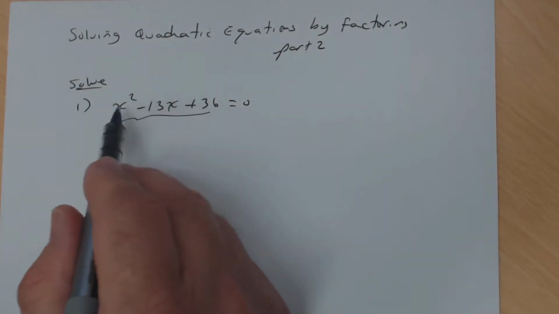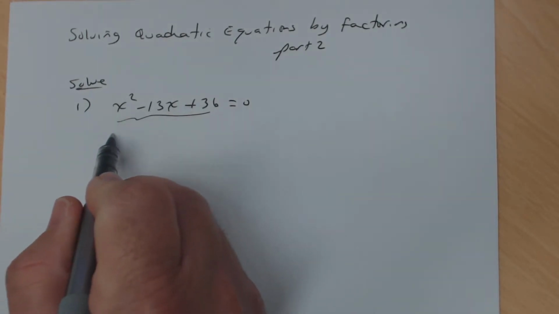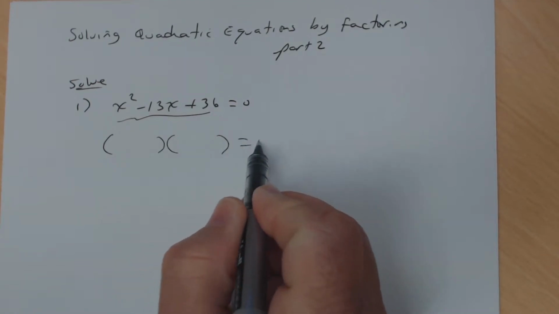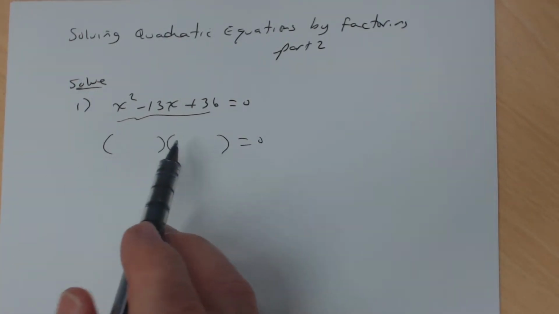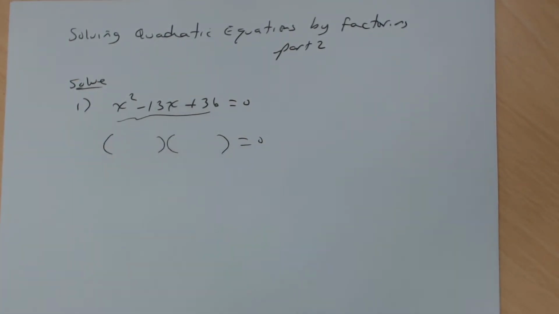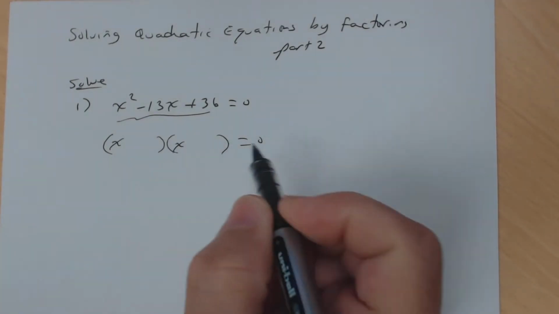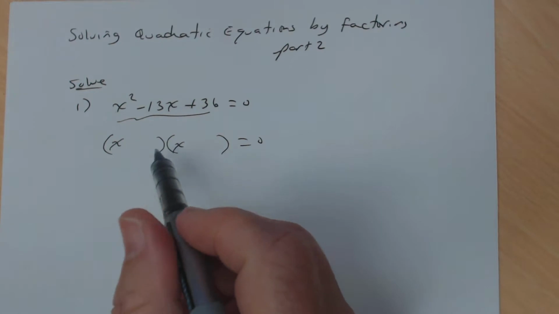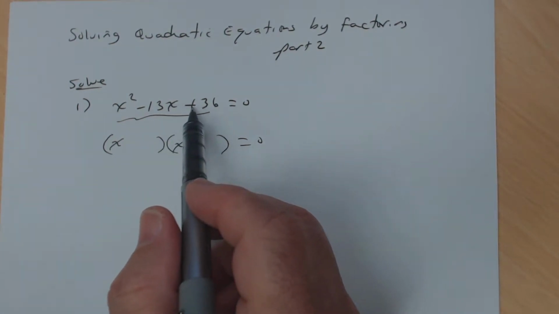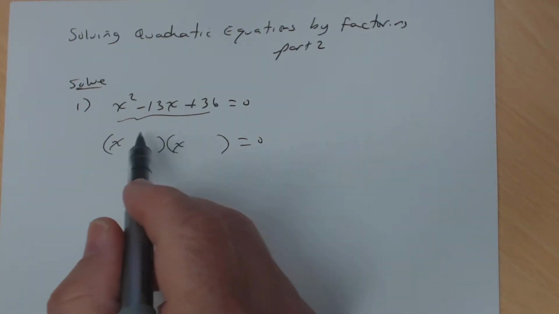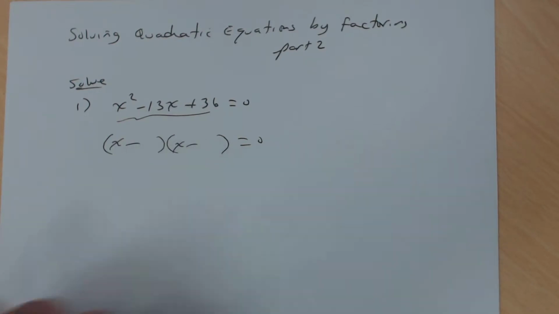The GCF is 1, so I'm going to go directly to the 2 factors whose product is x squared minus 13x plus 36. We're going to say x times x, and I'm going to do this by trial and error. The last sign is positive, so both signs are the same, and I know they both have to be negative.